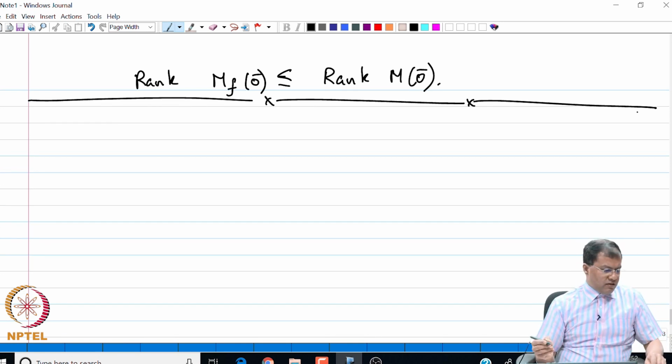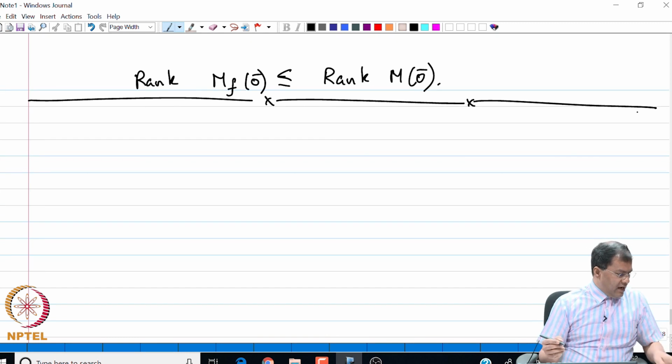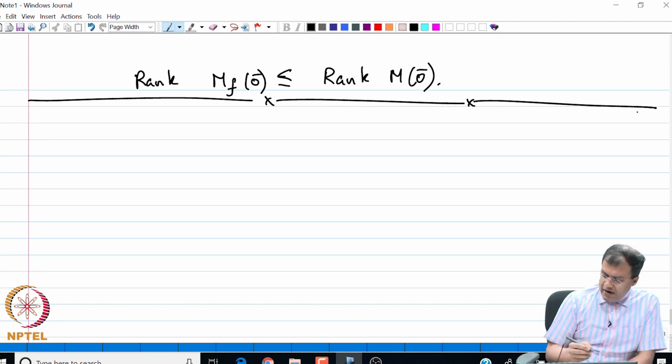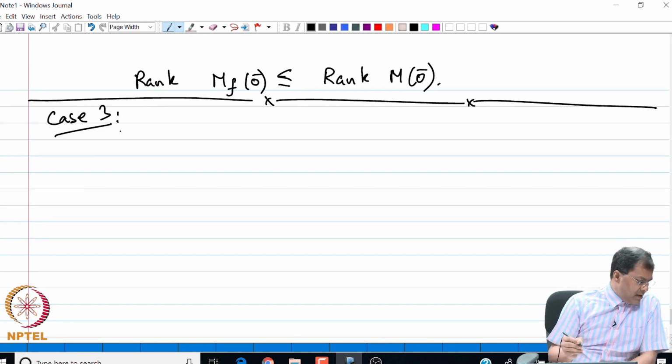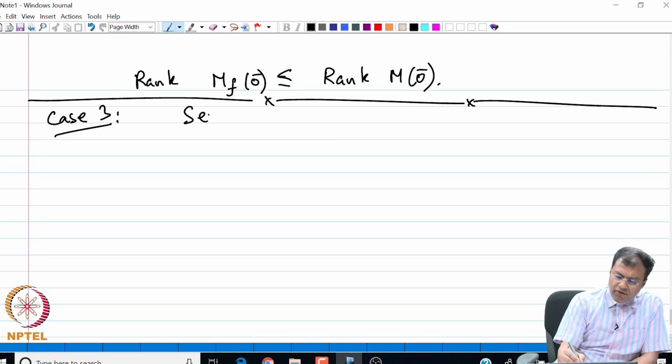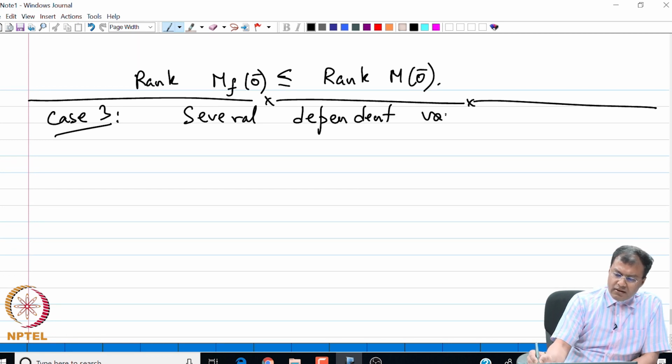So, that concludes the discussion on this example, and now let us finally look at a third case of the generalization of the isoperimetric problem, that is the case of several dependent variables. Okay.